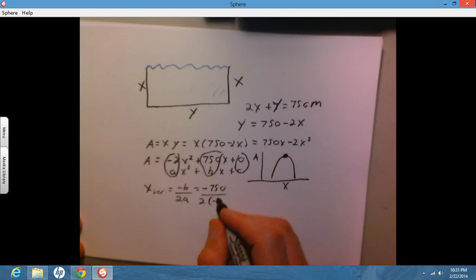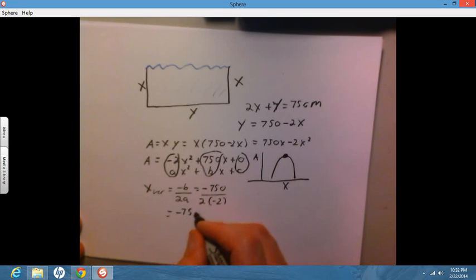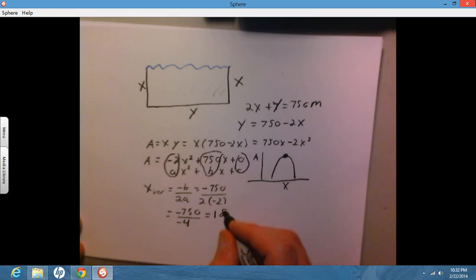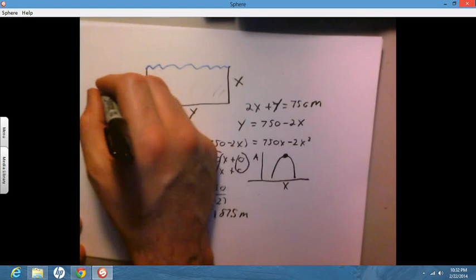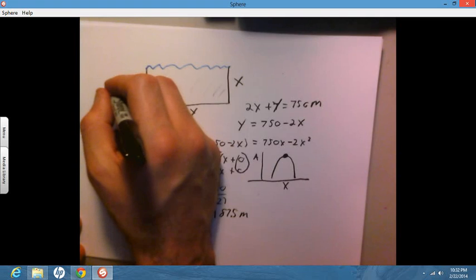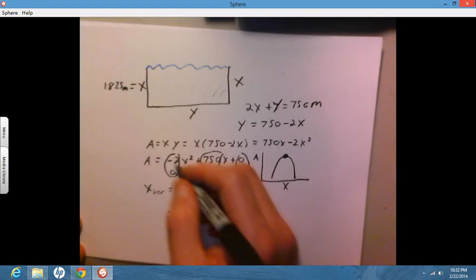So this is equal to negative 750 divided by 2 times negative 2, which is negative 4. And 750 divided by 4 is going to be 187.5. And the units are meters here if you want to write that. It's up to you. So we know that this side x is going to be 187.5 meters. You might want to double check my calculations to make sure I divided correctly, but that should be right.